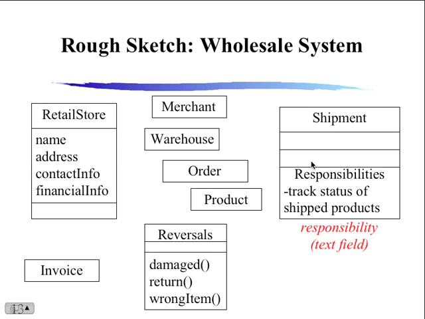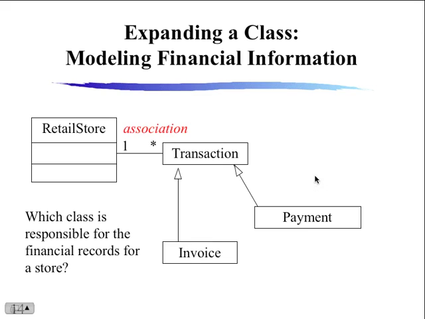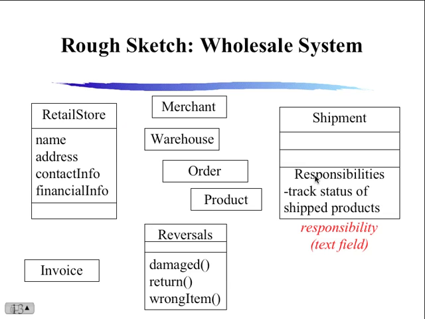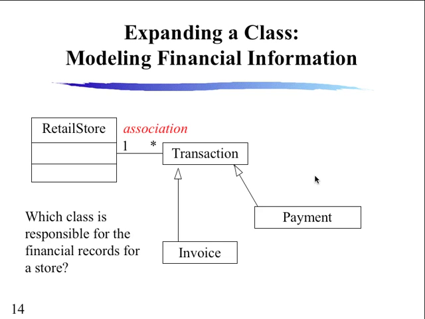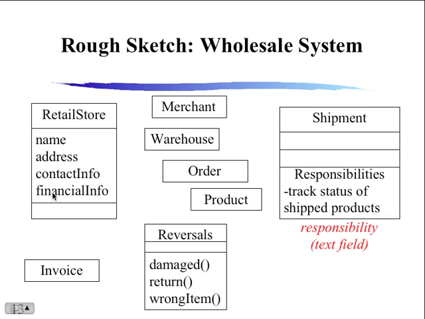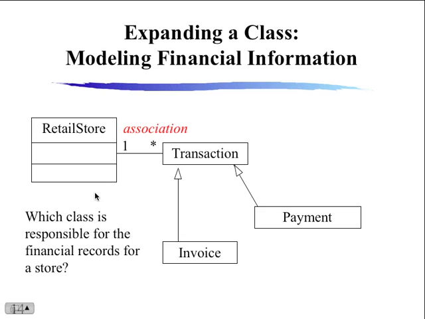And we have 1, 2, 3, 4 sections instead of 3. Optional, I should say. Which tells you there's no standard in object-oriented design either. People just do what they want. So we can expand the class by modeling, let's say, the financial information. Up here we had some financial information over here. So we could say, well, the retail store has an association with a transaction.